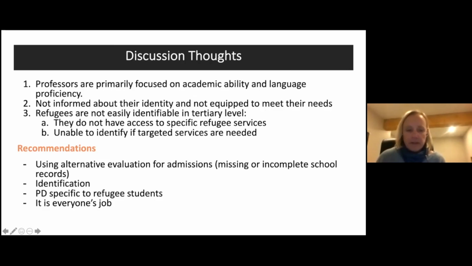Professional development needs to be happening for instructors so that they're better able to address these students' needs. And finally, it's everyone's job. So more effective and inclusive instruction for youth refugees in tertiary education involves incorporating accountability for these students more broadly throughout the educational system and within individual institutions, from administration to teaching staff, motivated by an understanding that everyone is responsible for the success of these students.